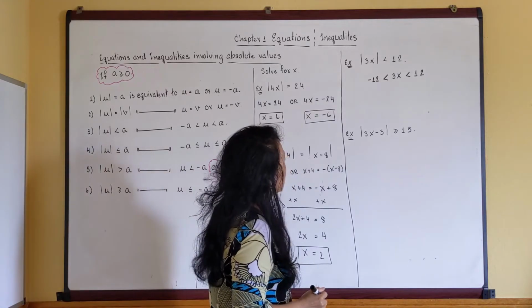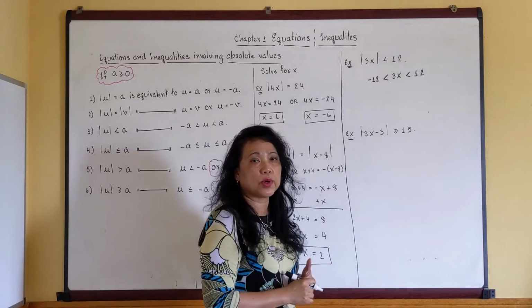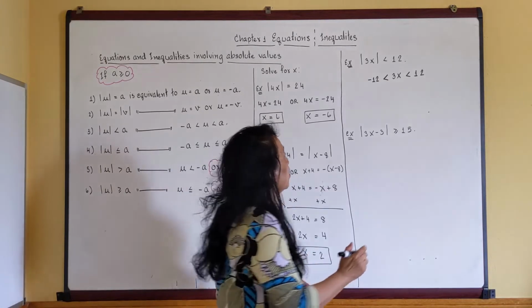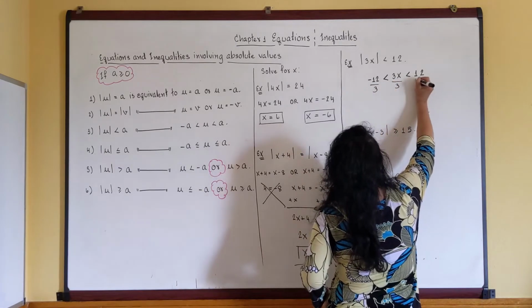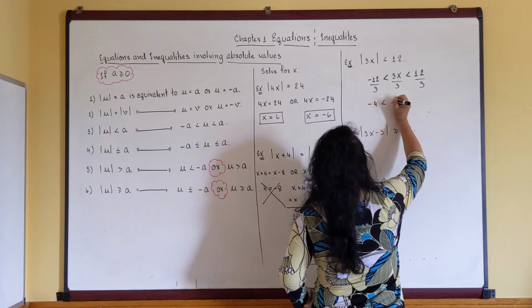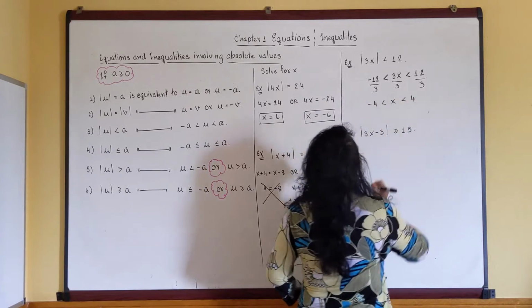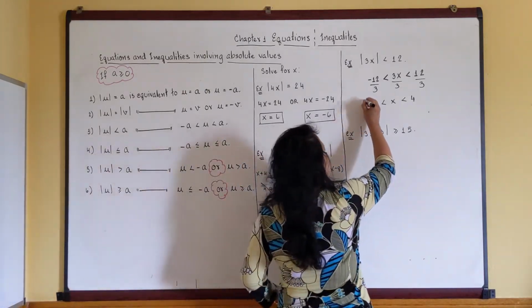Because I want to have x by itself, I'm going to divide everything by 3, and I don't have to worry about reversing the inequality because it's positive. So divide everything by 3. So I'm going to have negative 4 and 4. So x is greater than negative 4 and less than 4.